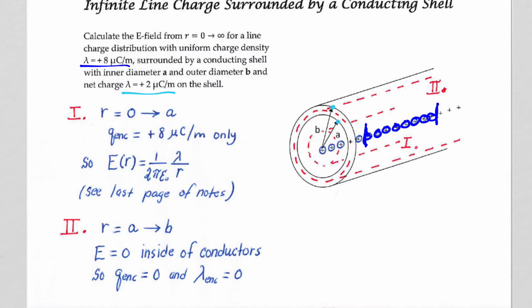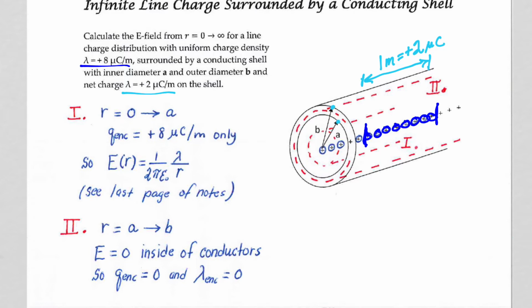The way to understand that is to think of any 1 meter section of the pipe. That 1 meter would correspond to plus 2 microcoulombs of charge. So for every meter, we get plus 2 microcoulombs.